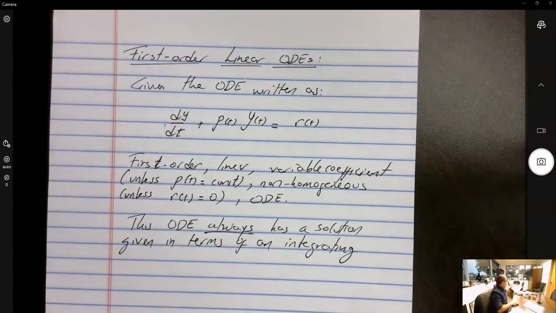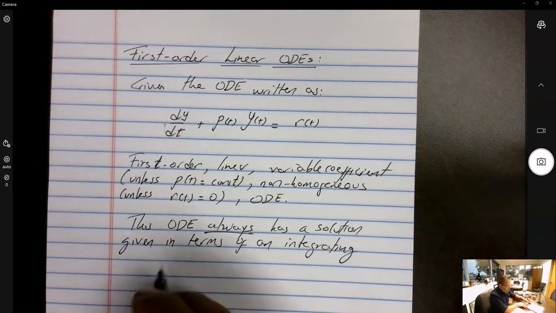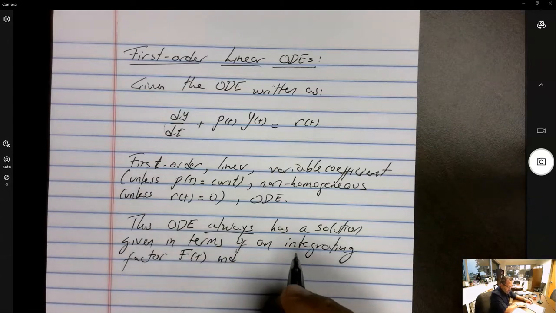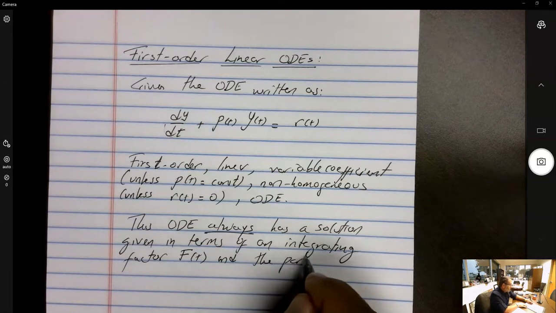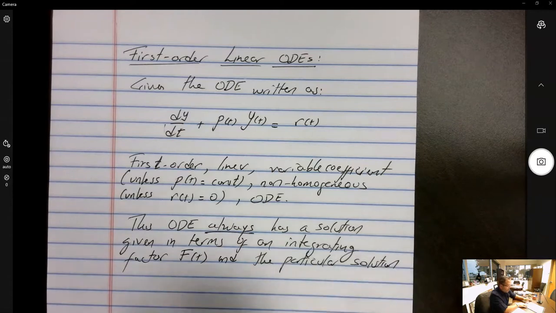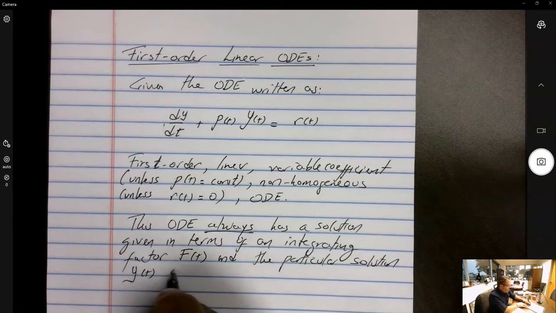In terms of an integrating factor f of t, the particular solution y of t is unique.